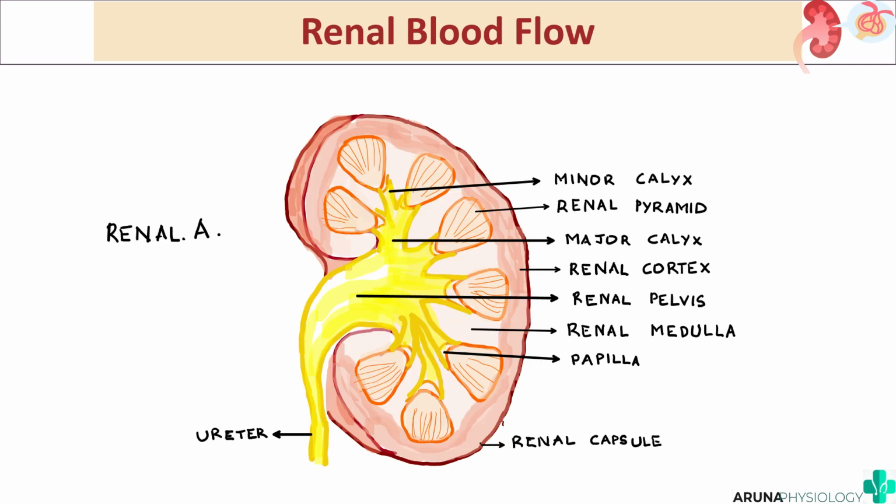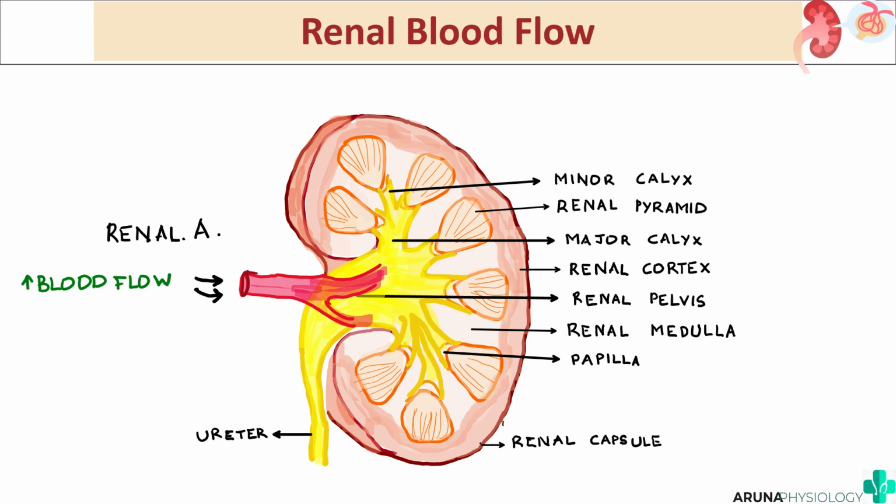So we know that the blood flow to the kidneys is primarily via the renal artery. One important characteristic is that the amount of blood flowing to the kidney, as a percentage of the cardiac output, is around 20 to 25 percent, which means a huge amount of blood reaches the kidney per minute.